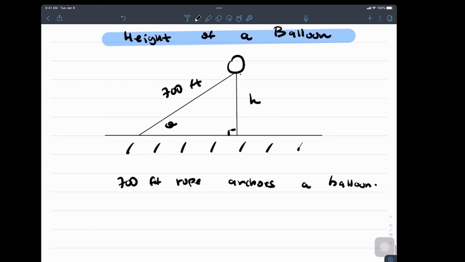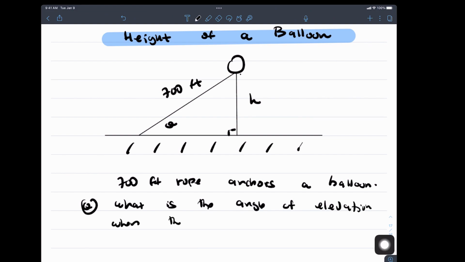They're going to say, here's the question. What is the angle of elevation when the balloon is 400 feet above the what?